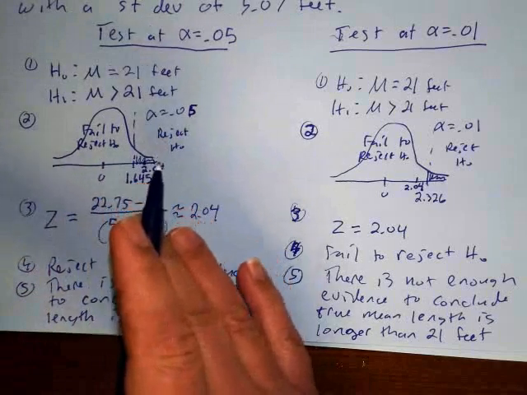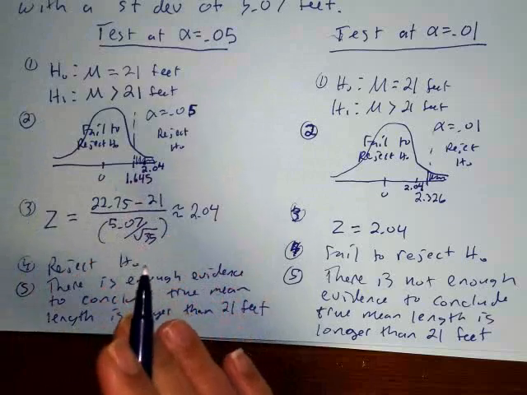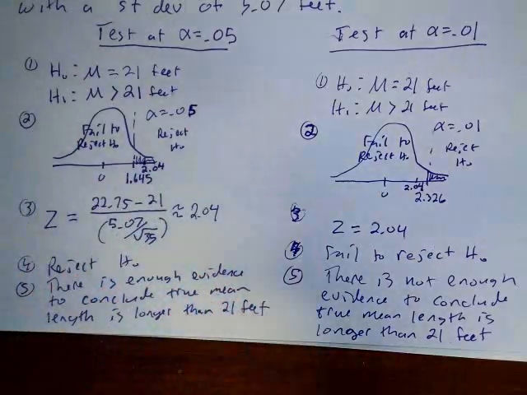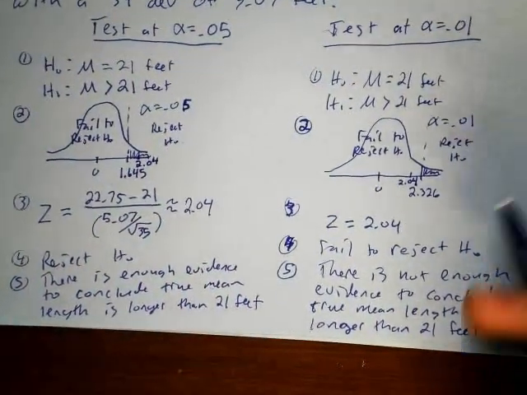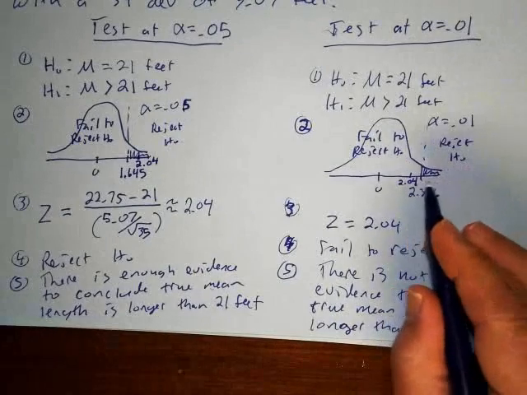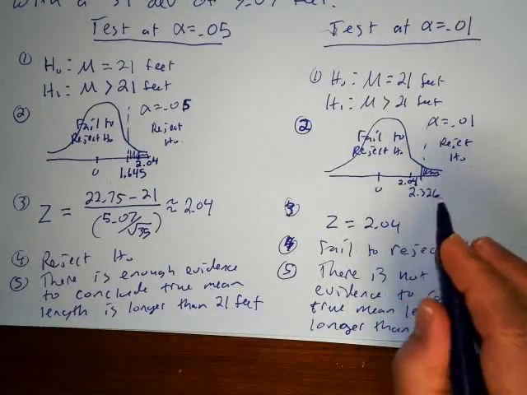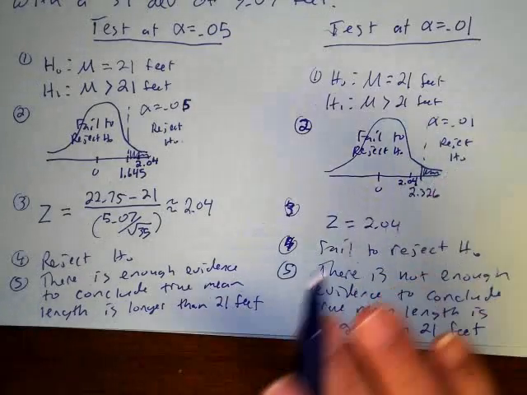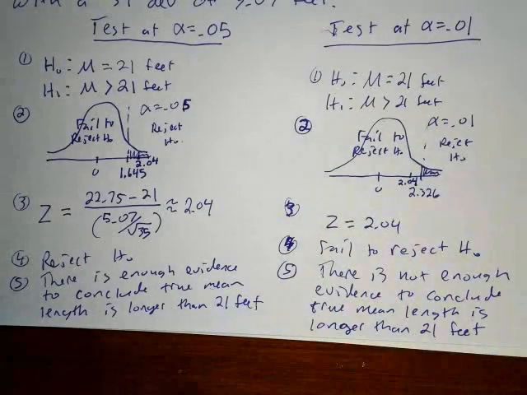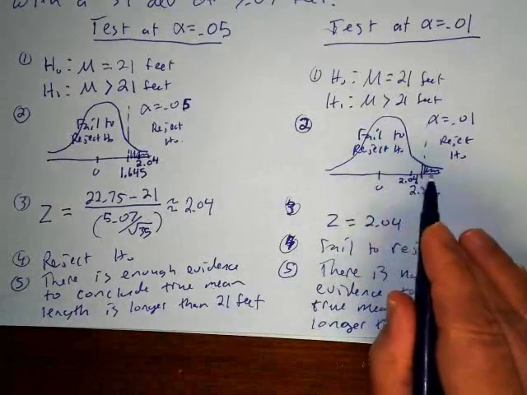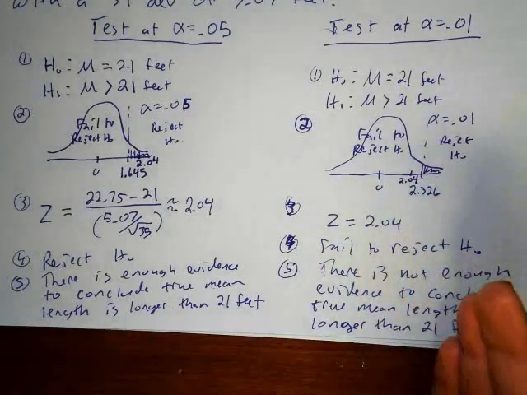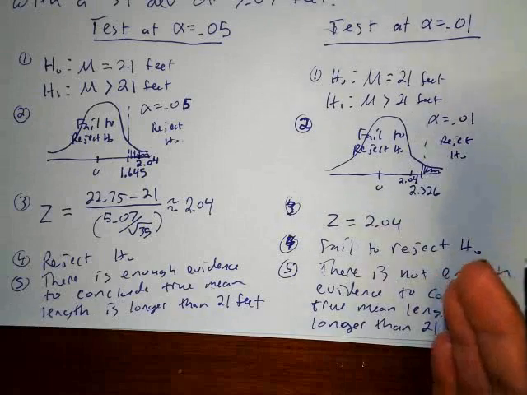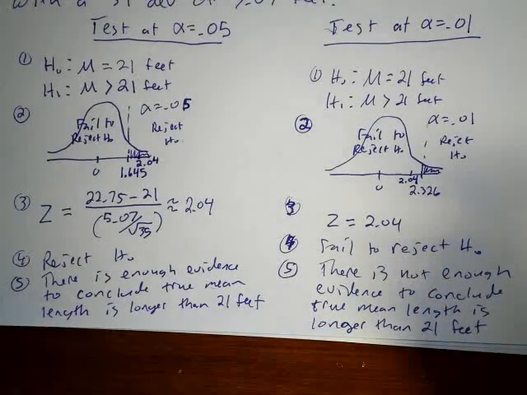And so at this significance level, I do have enough evidence to reject. So I'm weighing evidence, and I'm just requiring more evidence in this case. So this pushes it back to 2.326, and now this thing has to go all the way beyond that, and it doesn't go beyond that. There's not enough evidence. It does not lie in the rejection region.